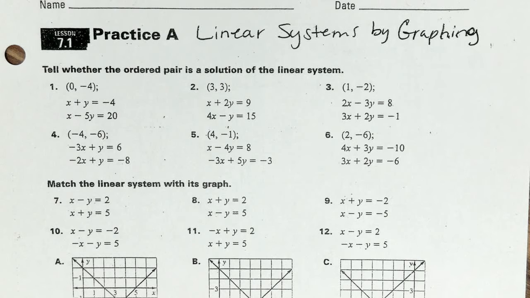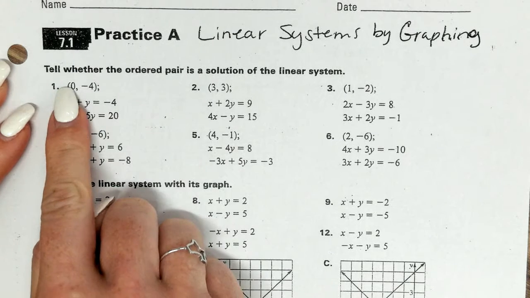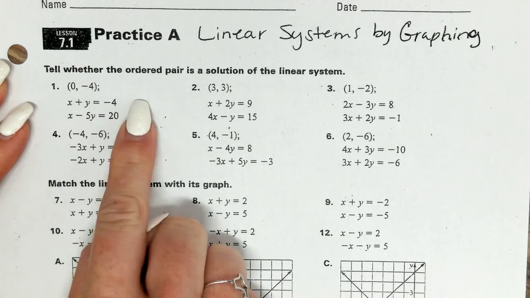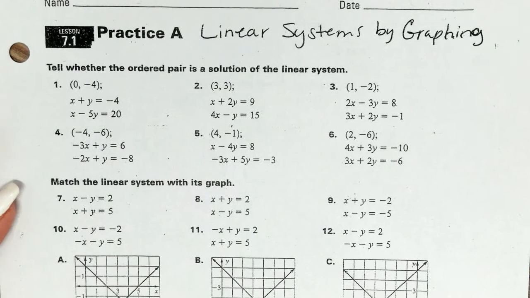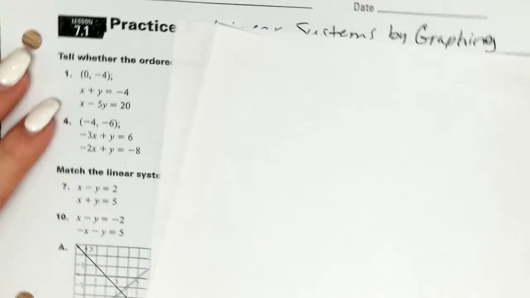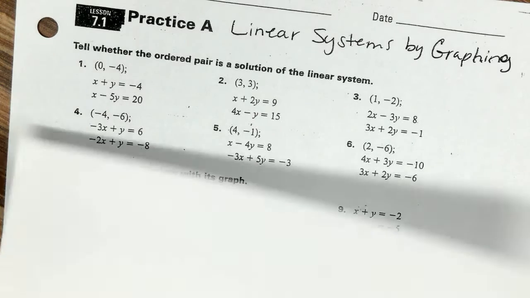Or you can plug in 0 for x and negative 4 for y, and it has to work for both equations. I will show y'all what that looks like both ways, and then you decide which way you want to do it.